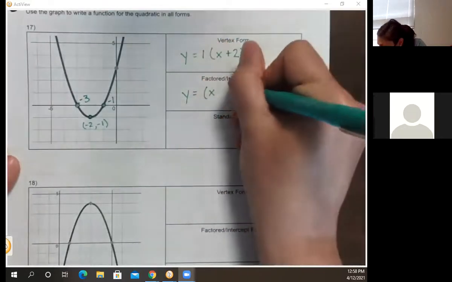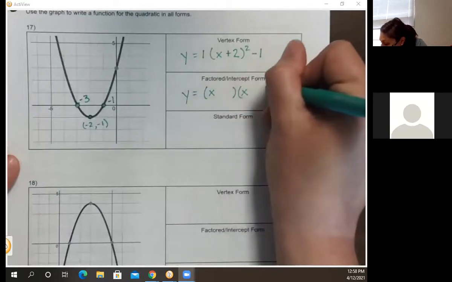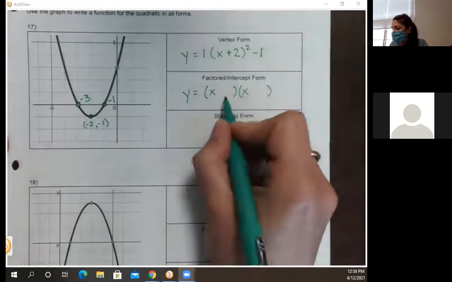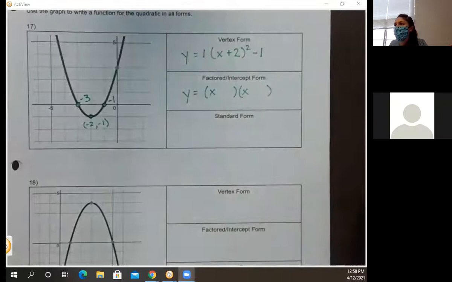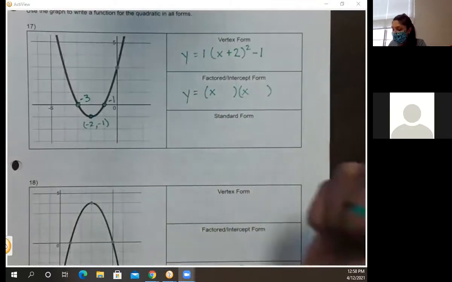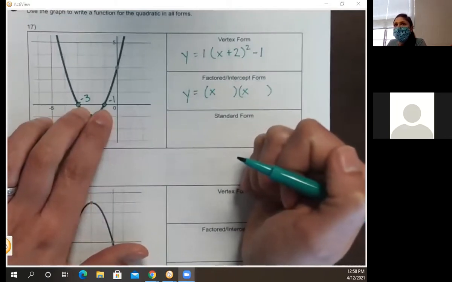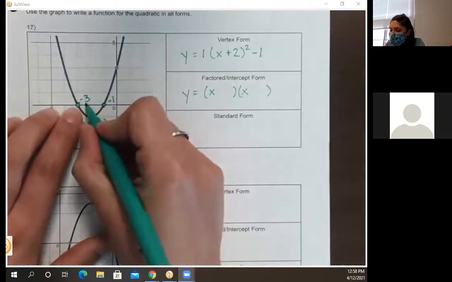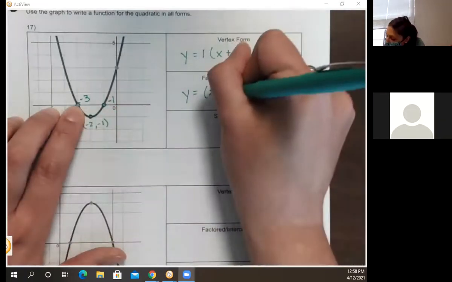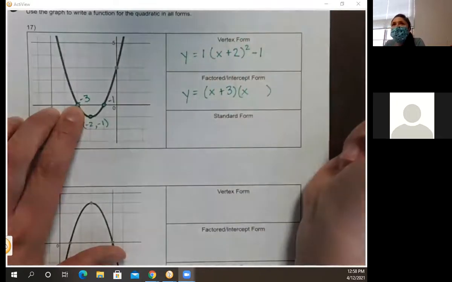And then I know I should have x in parentheses with something twice, right, for that intercept form or that factored form. Now what I want to fill in will be determined by those x-intercepts. So I have an x-intercept at -3. That means I had to have x plus 3 as one of my factors.